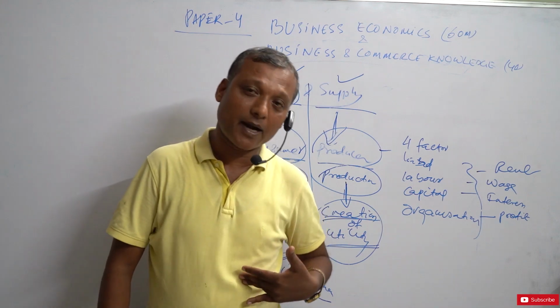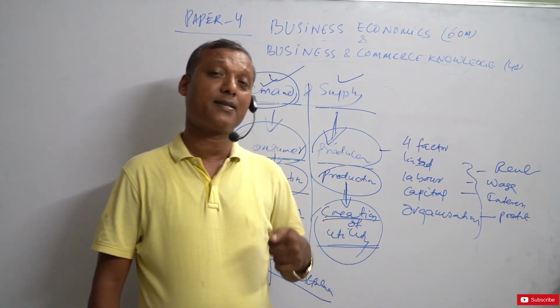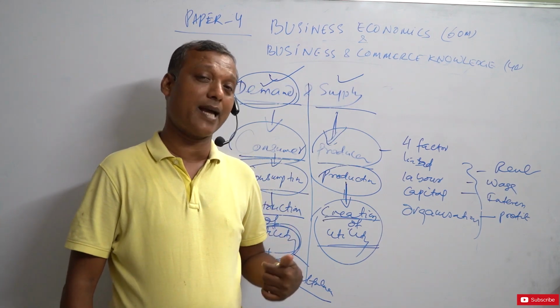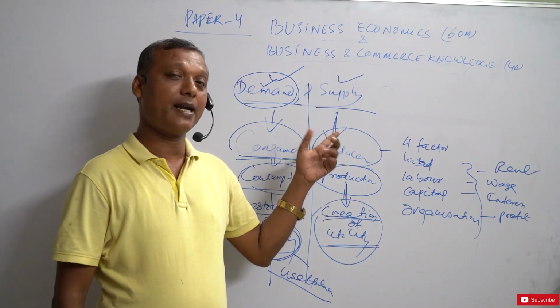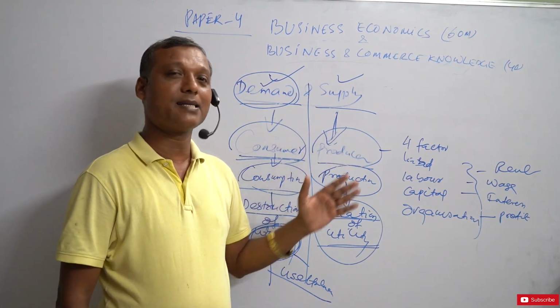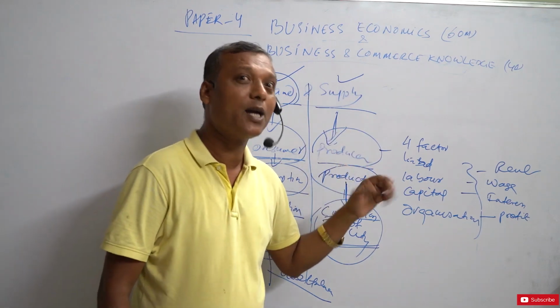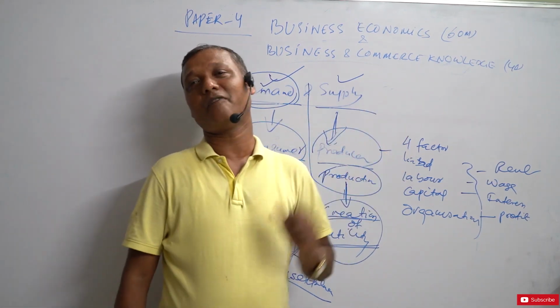So this is our expectation. At a higher price, we would like to purchase less, and at a lower price, we would like to purchase more. And on the producer side, at a high price, they want to sell more. At a low price, they want to sell less. Why? To get maximum profit. Their objective is getting maximum profits.